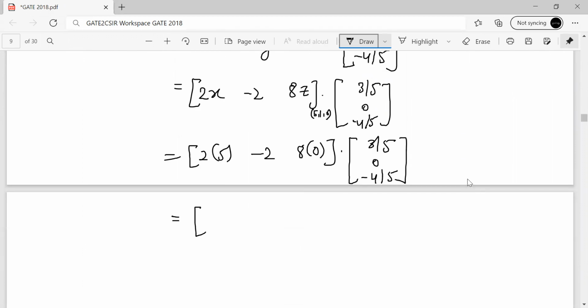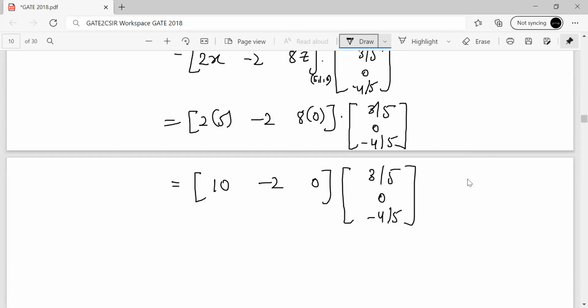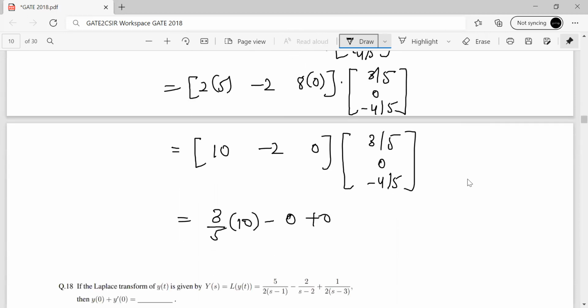That gives 5 into 2 is 10, this is minus 2 and this is 0, and then you have 3 over 5, 0, and minus 4 over 5. So you get 3 by 5 times 10, minus 0, plus 0. So the answer is 6.